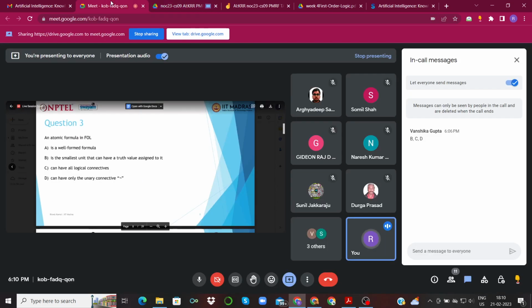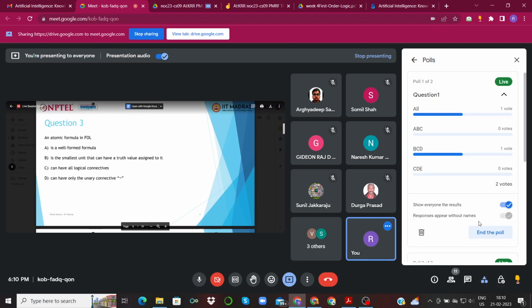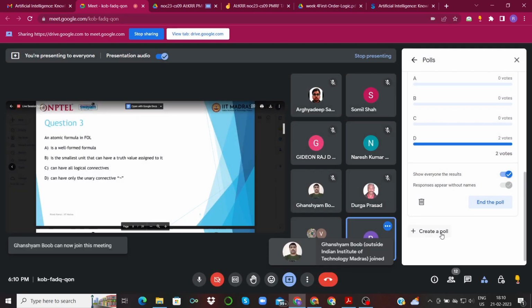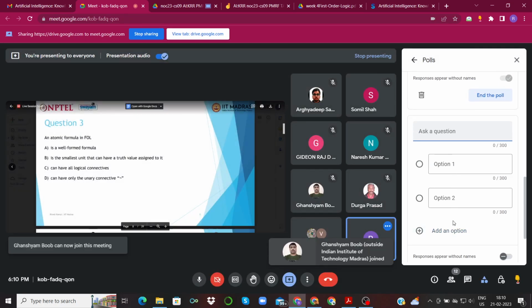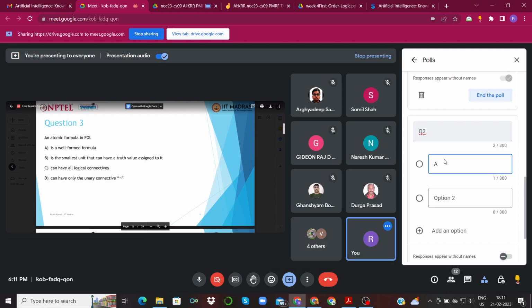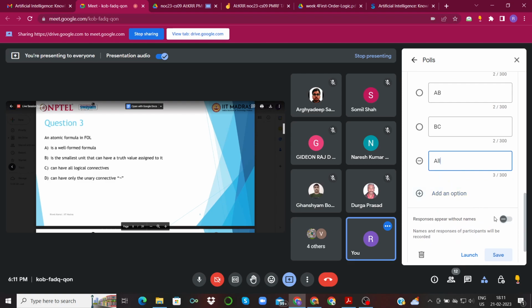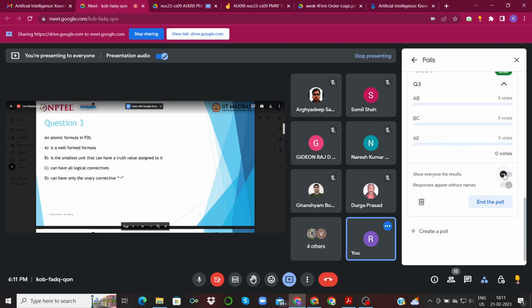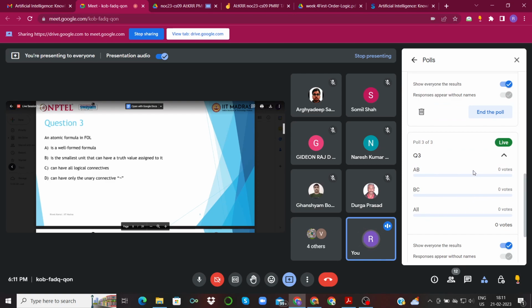The third question says, an atomic formula in first order logic is which of the following? Once again, I'll launch another poll. Okay, I have launched the poll.